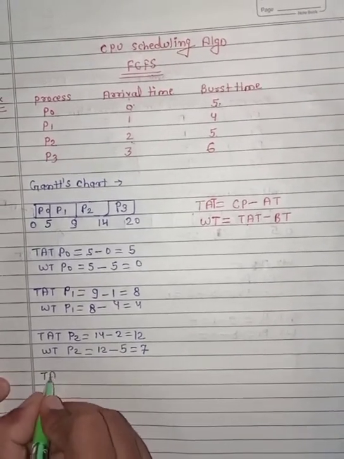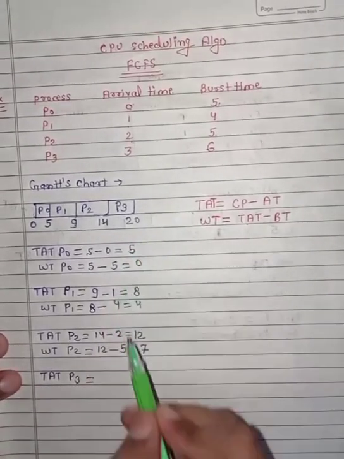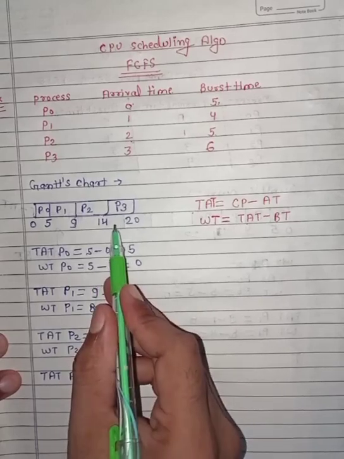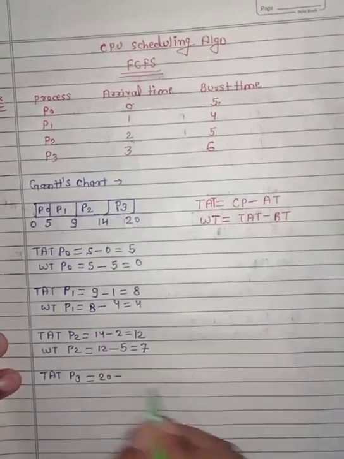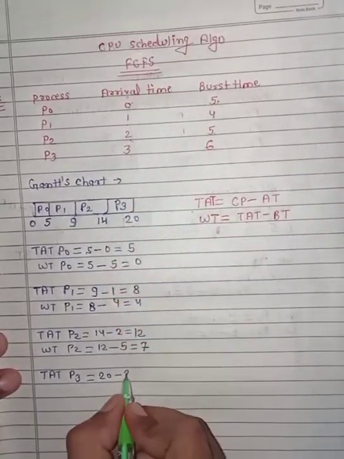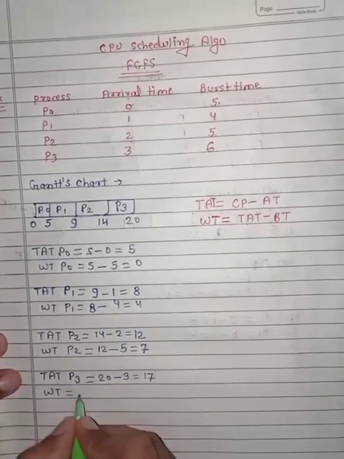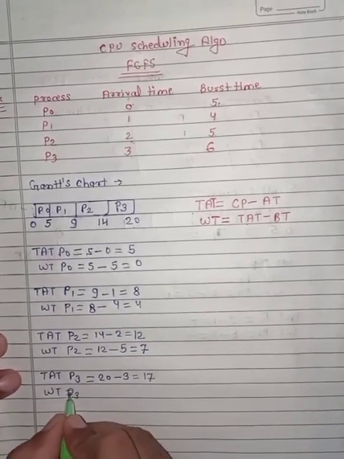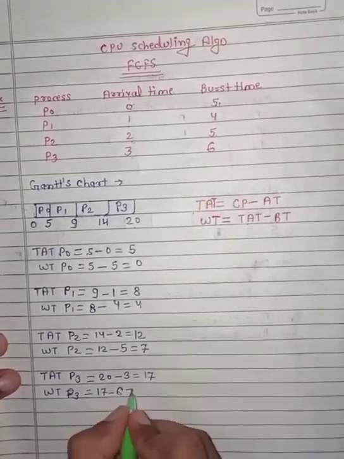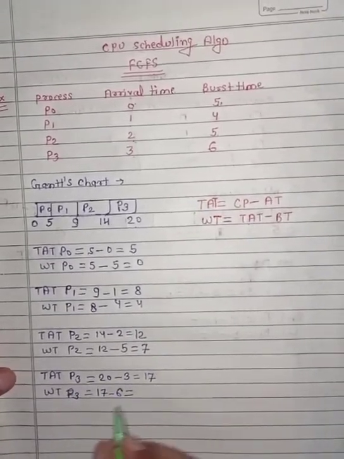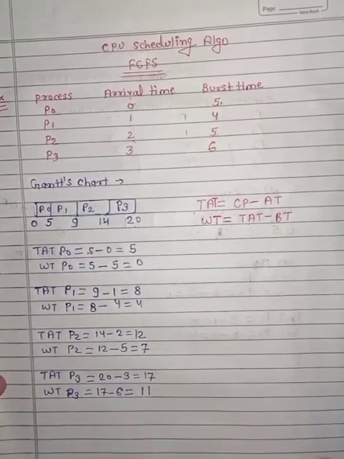The turnaround time for P3 is 20 minus 3, which is 17, and the waiting time is 17 minus 6, so that is 11 units of time.